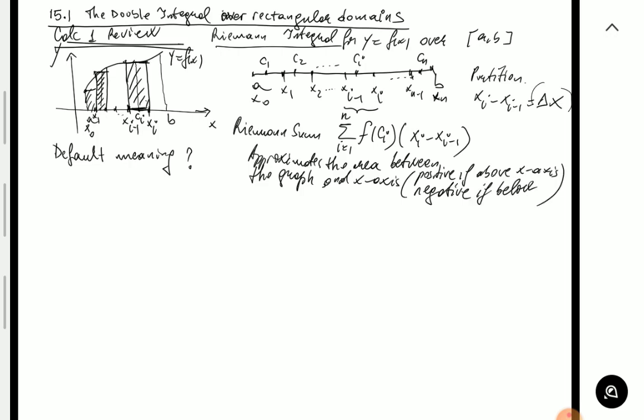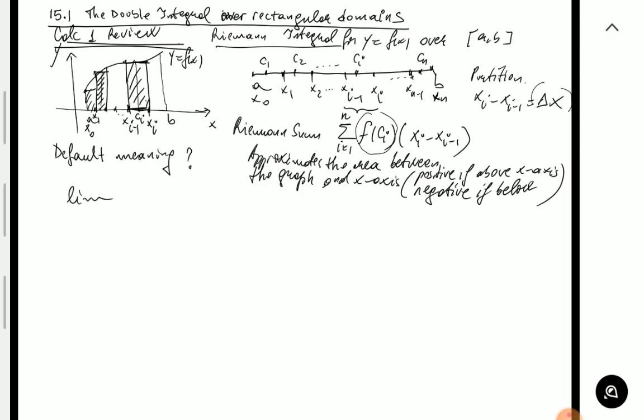Right? So realize that if some of the function here is below the x-axis, when you evaluate the function at that intermediate point, that f of ci will be negative, but geometrically it's still basically the height of a thin rectangle. So what happens if we take the limit of the Riemann sum?